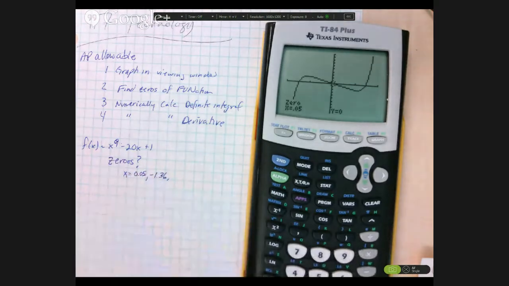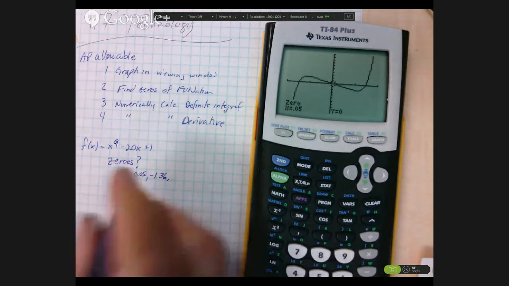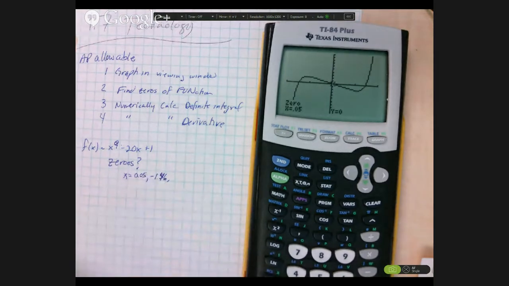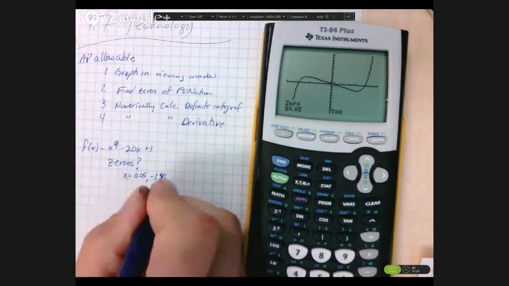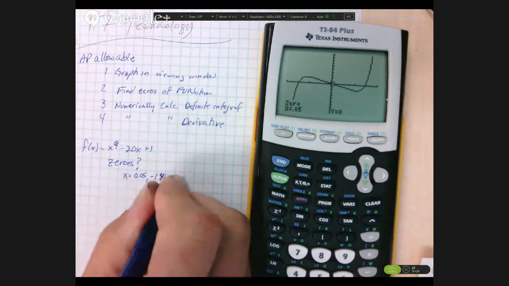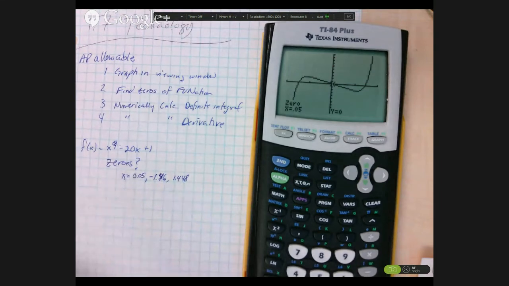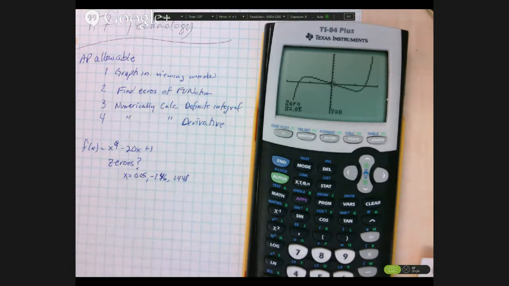I got 1.46. And 1.448. You can get as specific as you want, but those are approximate, so are we good there?